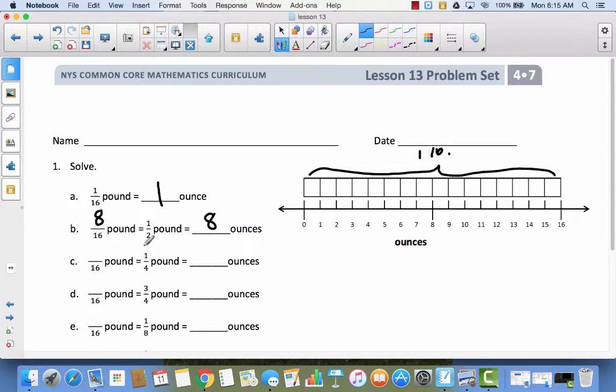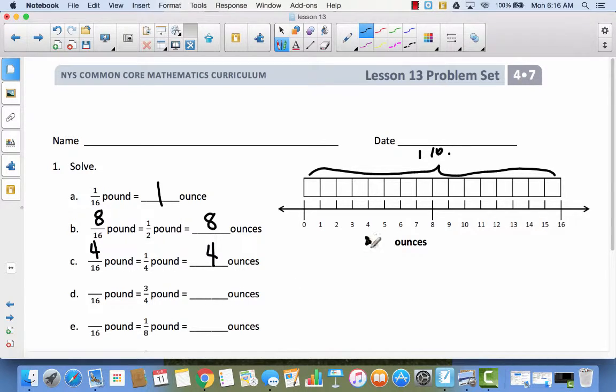Okay, so let's think about a fourth of a pound. What if I took this 16 and I divided it into 4 parts? How much would be in each part? This would be a fourth, this would be a fourth, this would be a fourth, and this would be a fourth. So if I had 1/4, I would have 4/16 of a pound, which would be equal to 4 ounces.